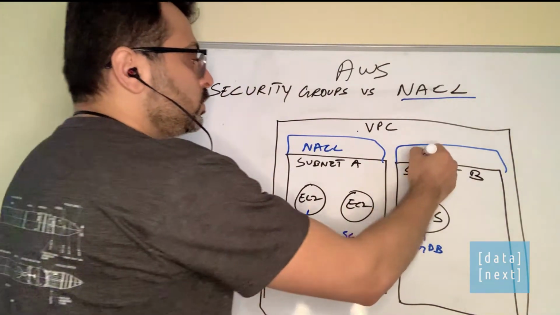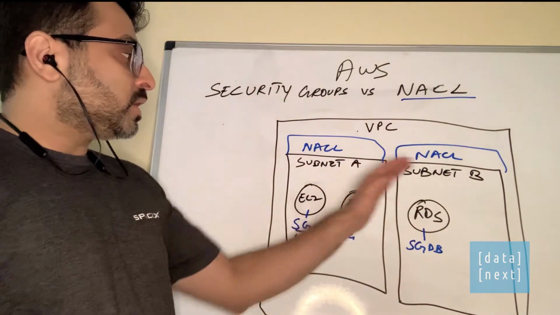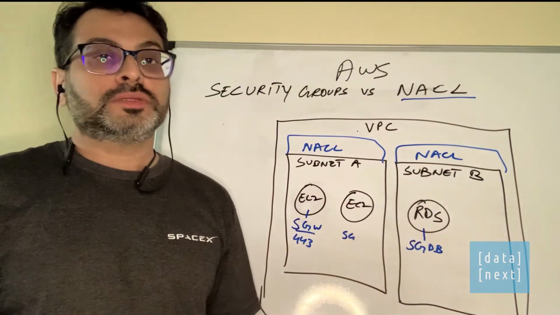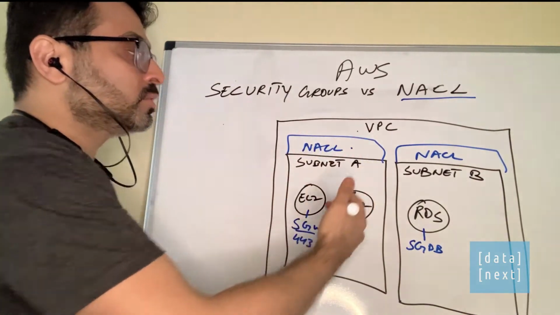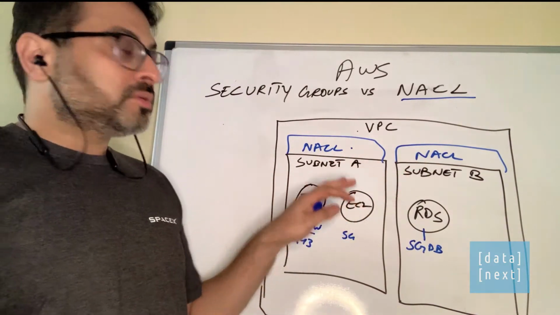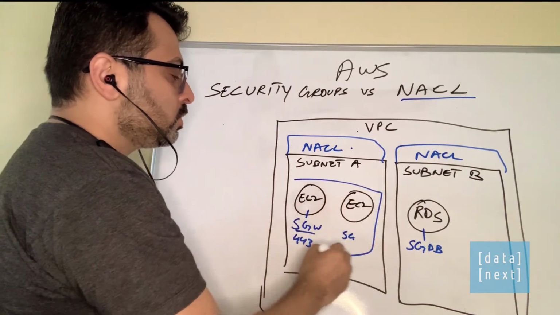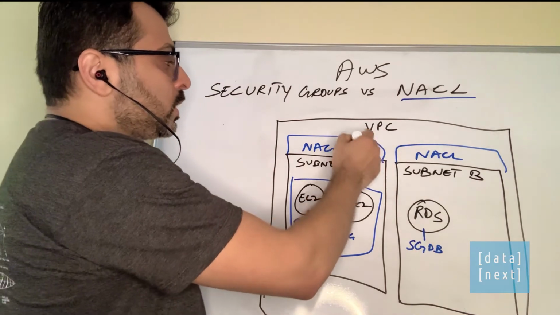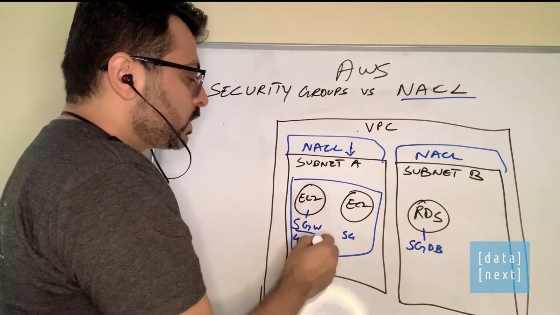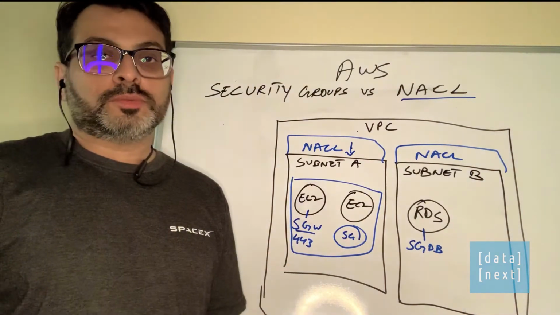So you can have separate NACLs defined and associated with certain subnets in AWS, but these are a set of rules that work on the subnet level, and that will apply to, for example, all the instances running in the subnet. So first AWS will evaluate the NACL rules, and then it will evaluate the security groups, and then the communication would be allowed.